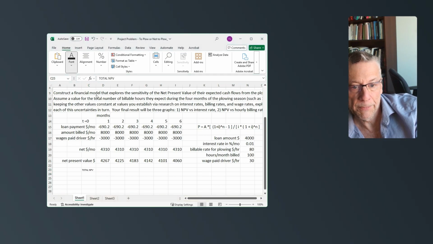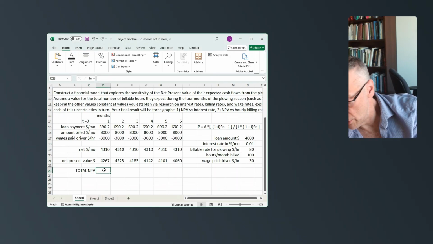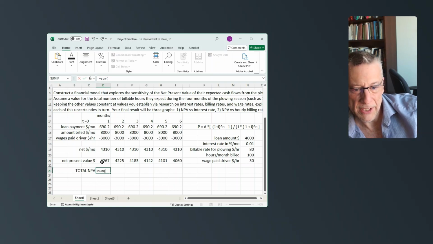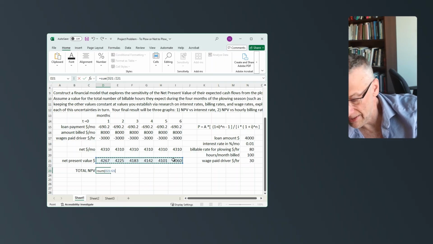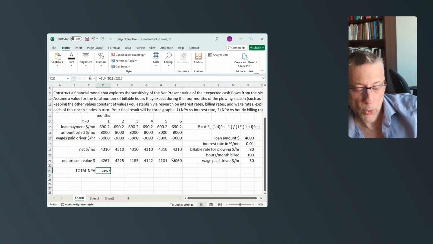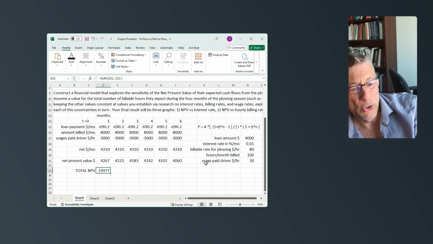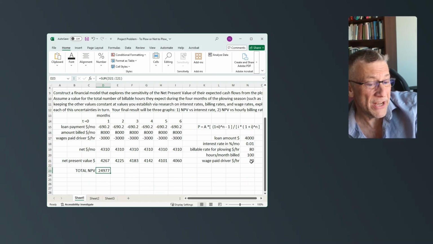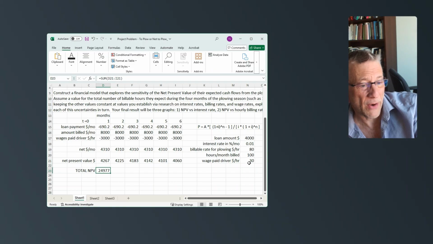Boom, boom, boom. And what are we going to find out? This seems like a pretty good business. $25,000 is the net present value of buying the plow and doing all the plowing work. That's even if you pay someone else to drive the plow at $30 an hour.